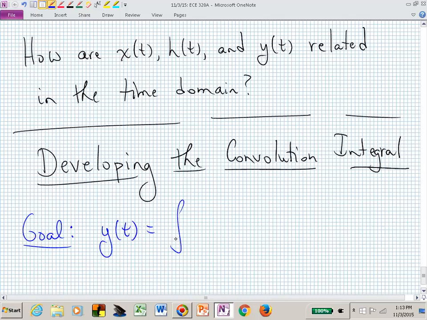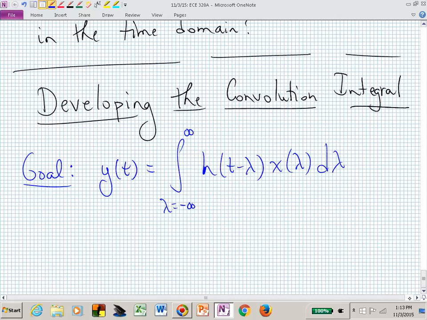This is now the integral, and this is our variable of integration. Let's just call it lambda, from minus infinity to infinity. H, you know what that is. Y is our output. H is the impulse response of our system. We take the argument of our impulse response as t minus lambda. We multiply that by our input as a function of lambda, where lambda is our variable of integration.